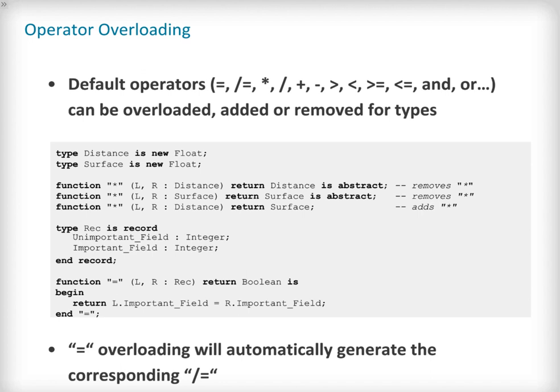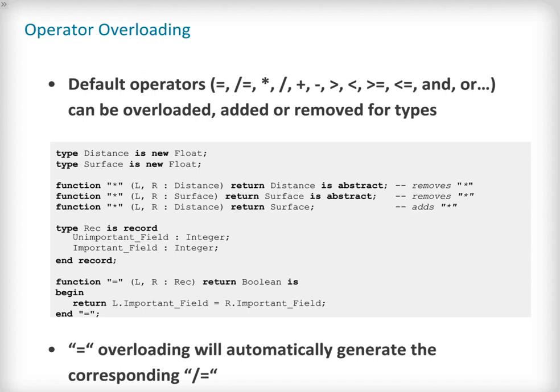So in order to remove this specific operator, I'm saying that the function multiply that takes two distances in parameter and returns one distance is abstract. This is not to be confused with the abstract notation of object-oriented programming techniques that we will see later on. In this case, this is removing an operator from the operations available for the type.